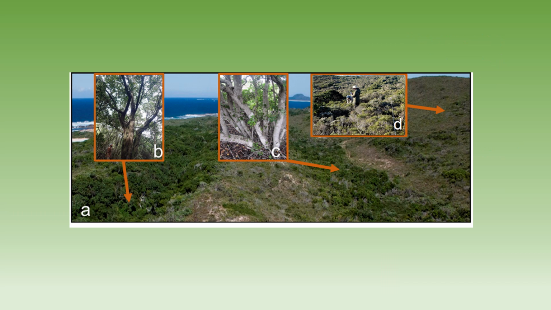This slide provides some landscape level context for the plants that I'm going to be talking about. We're looking at a dune landscape with parallel dune ridges, in our case running east-west, and the dunes are relatively recent.